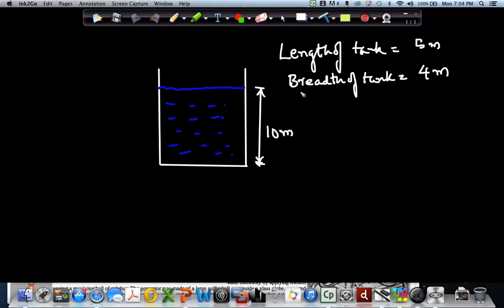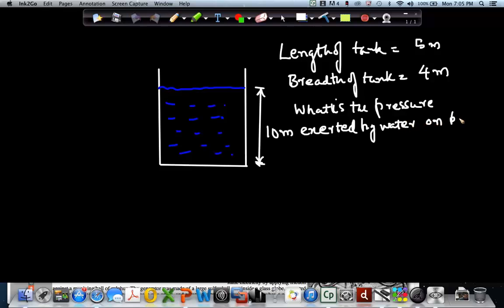Okay, now the first question is, what is the pressure exerted by water on the bottom of the tank? Bottom means, what is the bottom? The bottom surface is this one, right? So this is the bottom of the tank. So what is the pressure exerted by water on the bottom of the tank?